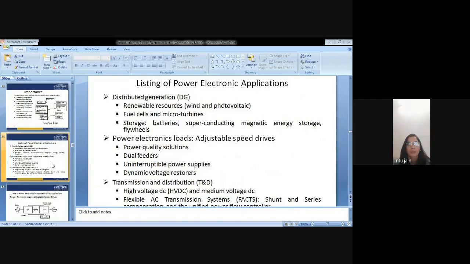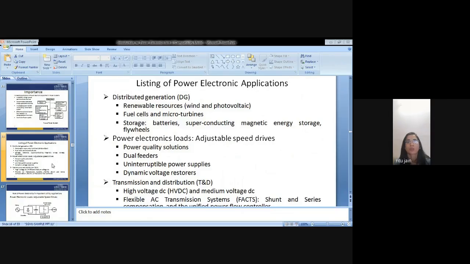And nowadays the most important thing we are using is the battery. Battery is also a power electronic device, the battery you are using in your phone, or in an inverter at your home. These are all power electronics components.